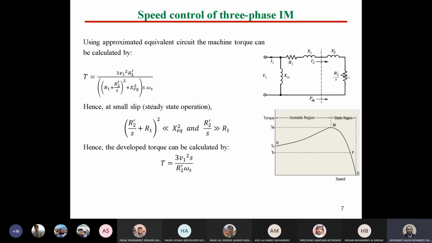Starting from the definition, speed control is nothing but controlling the torque-speed curve of the machine. If we control the curve of the machine, we can control the motor speed. How? We discussed before the meaning of operating point, which is the intersection between load torque and machine torque, assuming we have here TL as constant load torque.